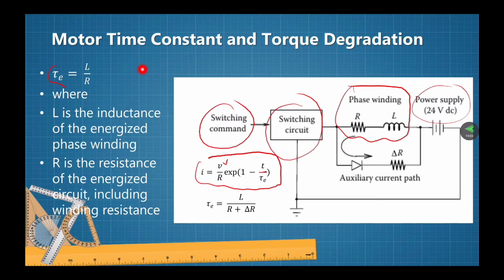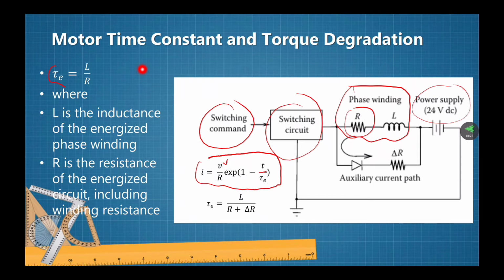So a convenient way to accomplish this is by increasing the resistance R, but we want this increase in R to be effective only during the transient periods, at the instant of switch on and switch off.